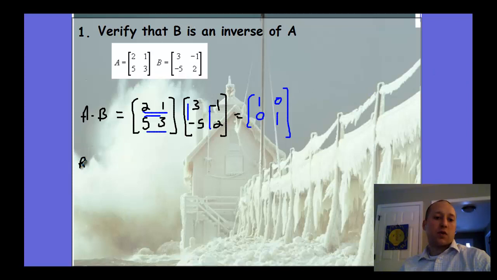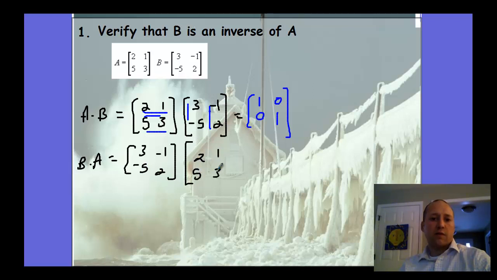We have to repeat that process for B times A. So we have to change the order: 3, negative 1, negative 5, 2, multiplied by 2, 1, 5, 3. You multiply those, row times column, you get 6 plus negative 5 is 1.